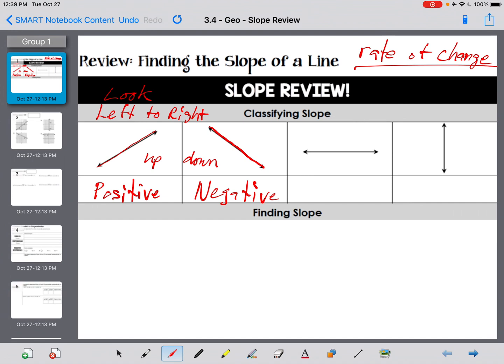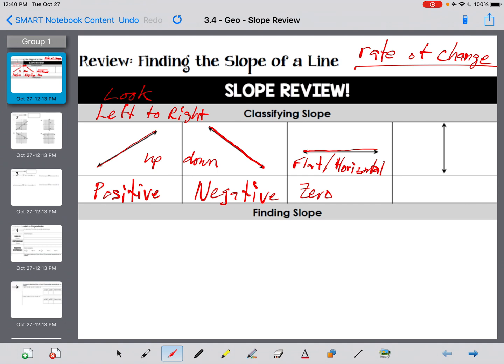Now, the next two are the trickiest ones of slope because the numbers for the slope are very interesting, very weird. As we go left to right, we would call that flat or horizontal, and that's going to be a zero slope.